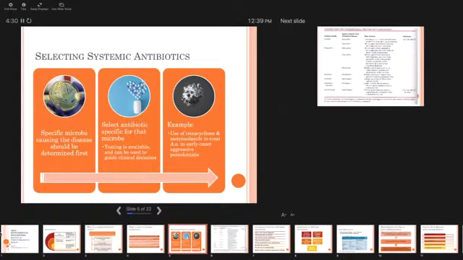Certain antibiotics are not going to be helpful for periodontal pathogens like they would for a sinus infection. Then you're going to select the antibiotic that's specific for the microbe, and testing can be available to help guide those clinical decisions.